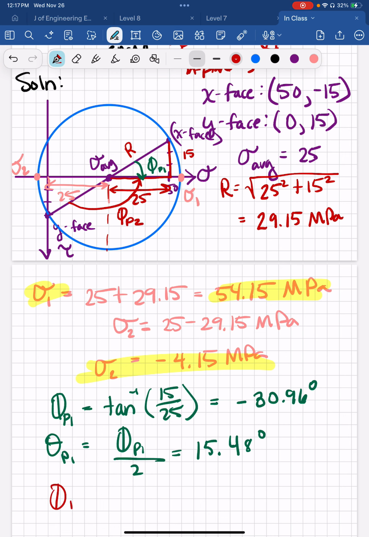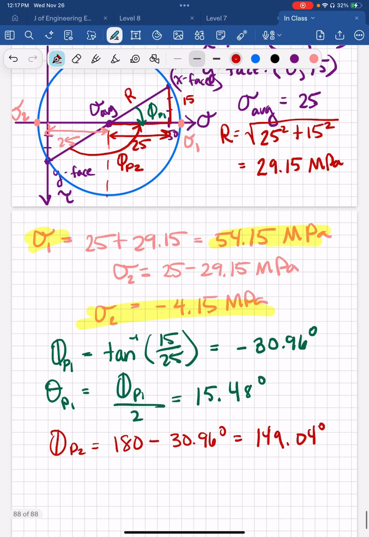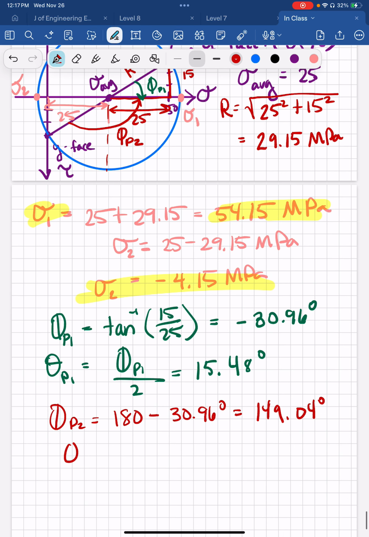So phi P2 is going to equal 180 minus that 30.96 degrees, and that's going in the positive direction. So we get 149.04. And then we need to move that into the real world, so change it to the theta.